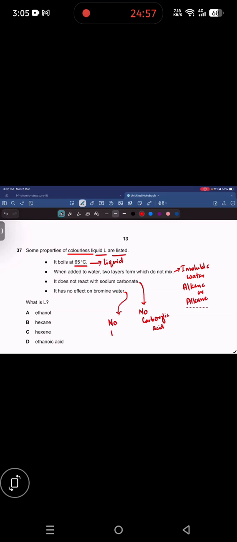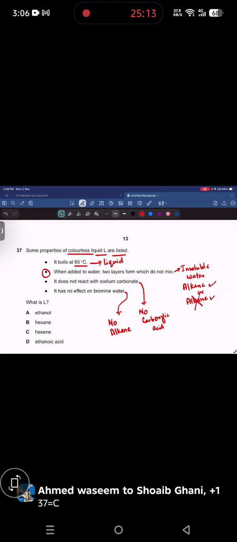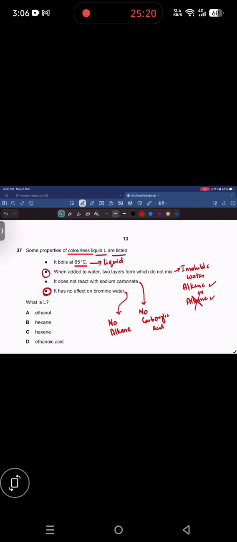alkene. So from this point, we have decided whether it will be an alkane or an alkene. So alkene is not here. Why? This point gives the difference between the alkane and alkene.